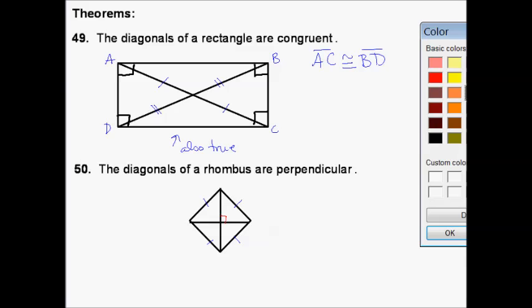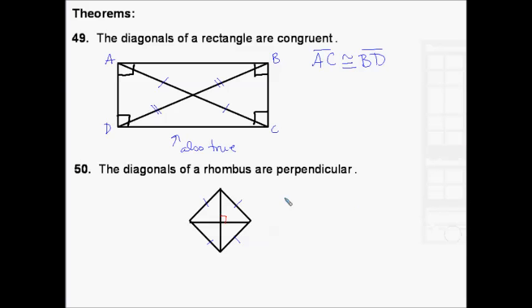Now, it's still true, the same as with a regular parallelogram, that this length will be the same as this length, and this length will be the same as this length. But we get the added benefit of those being perpendicular. And so if we named this EFGH, EG is going to be perpendicular to FH.